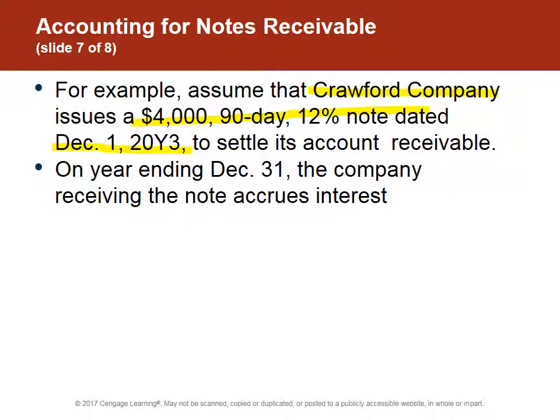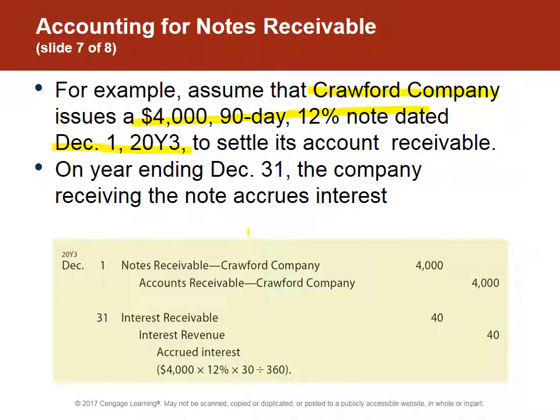So if we're preparing our December 31st adjusting journal entries, because we're getting ready to prepare financial statements, then on December 31st, we have to record the following entry. Okay, on December 1st, we show that we have a $4,000 accounts receivable swapped off for a notes receivable.